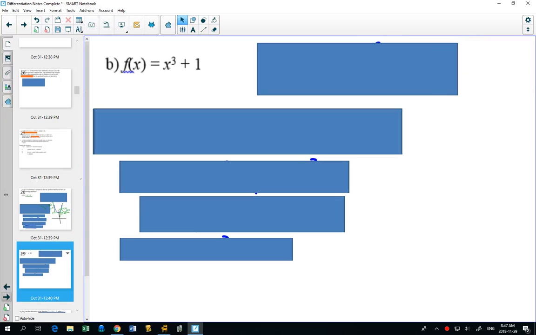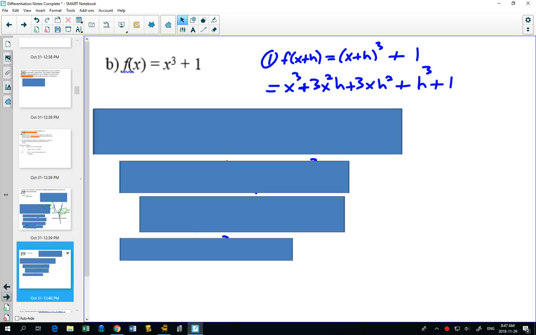So here's our second one. We're going to use the definition of the derivative again for x cubed plus 1. Once again, we're going to expand f of x plus h. Now it's x cubed, so x cubed plus 3x squared h plus 3x h squared plus h cubed. You could get that from your binomial expansion in grade 12.